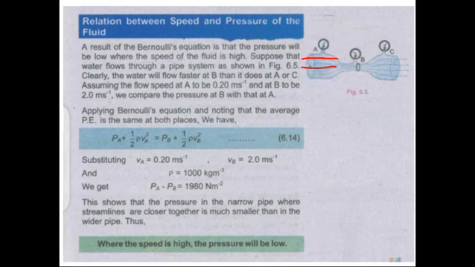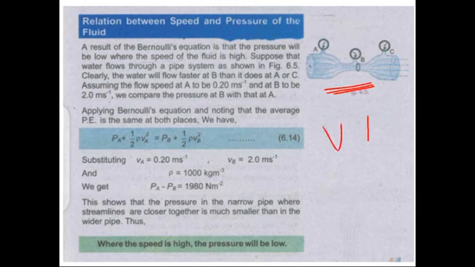So remember, when the layers of any fluid are apart from each other, their speed is low and their pressure is high. But on the other hand, just like at point B, when the layers are very close to each other, their speed is high and the pressure at this point is low.